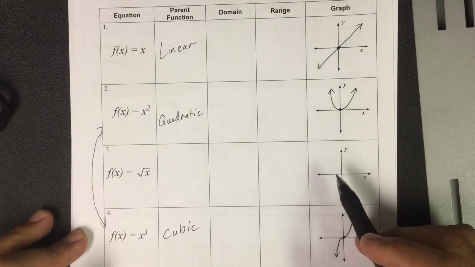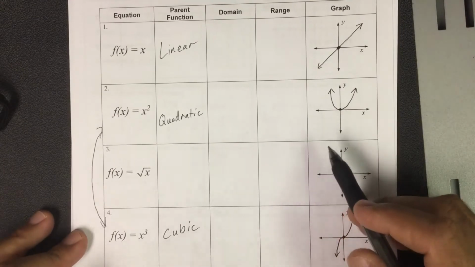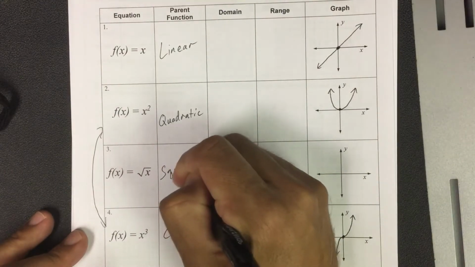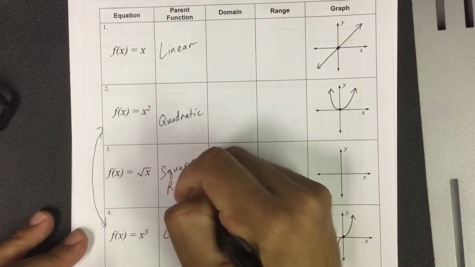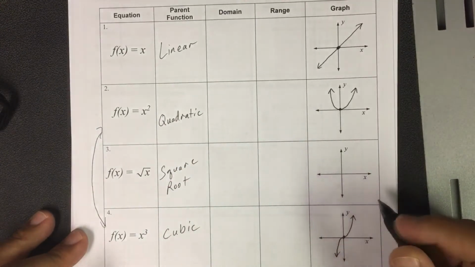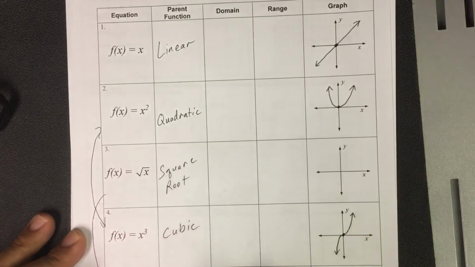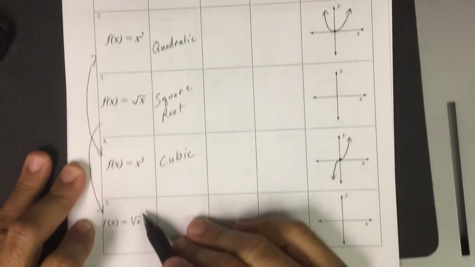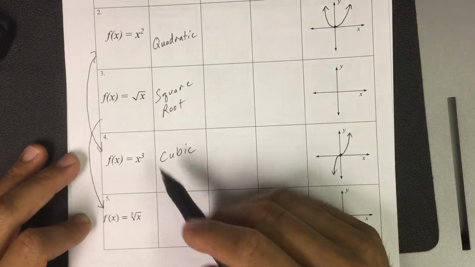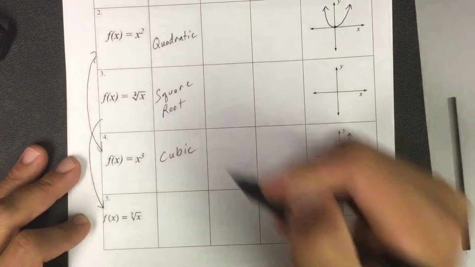Now, the square root. You've seen square root before, right? That one looks a lot like the one down here, and you were never really taught this, but square root actually has a 2 in there.